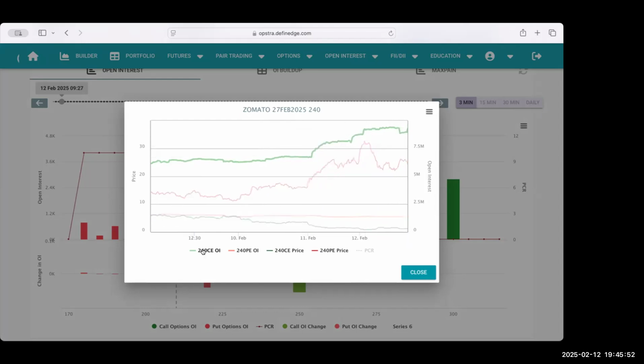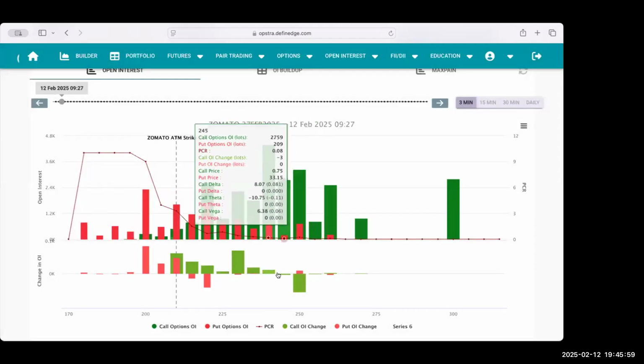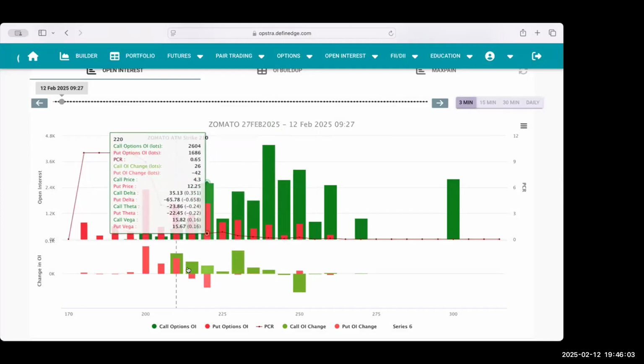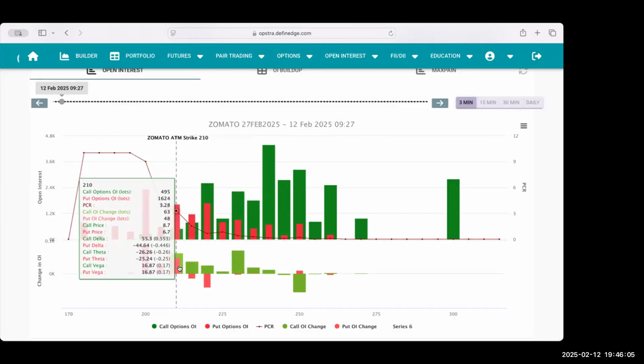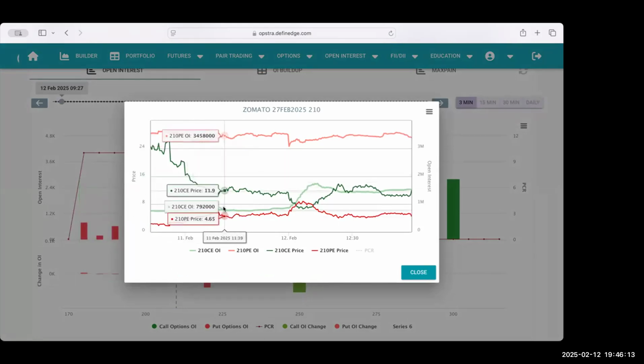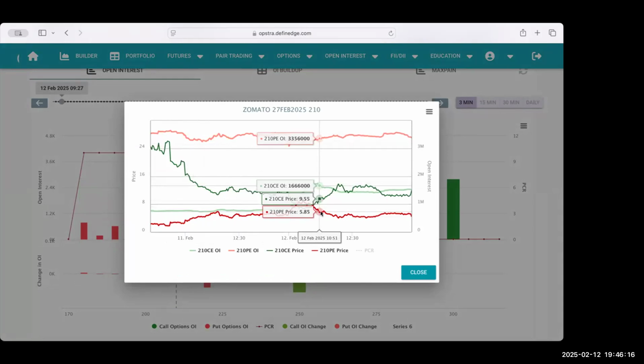This is 240. Which strike price did you say? 210 PE. 210. Okay, let's see. 210 PE. 210 CE. PE. 210 PE. 4 rupees it was.